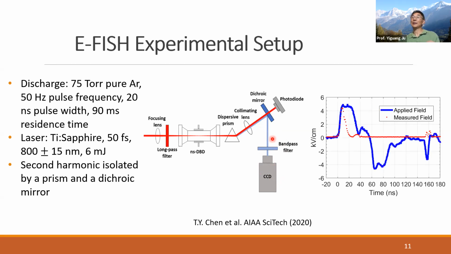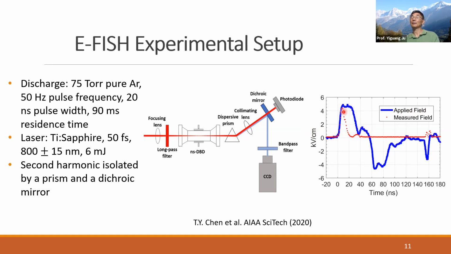Basically, you apply an electric field voltage, and this is what you measure as the electric field. You can see the applied field is like this, and the measured field is like this.